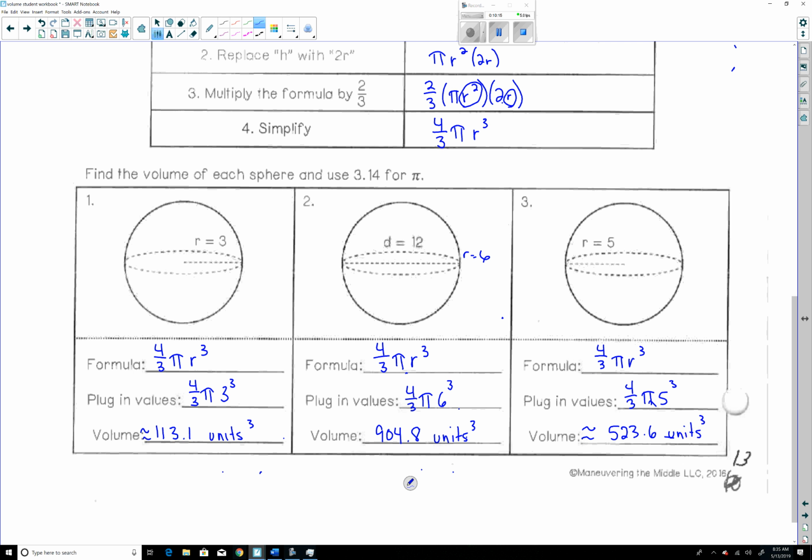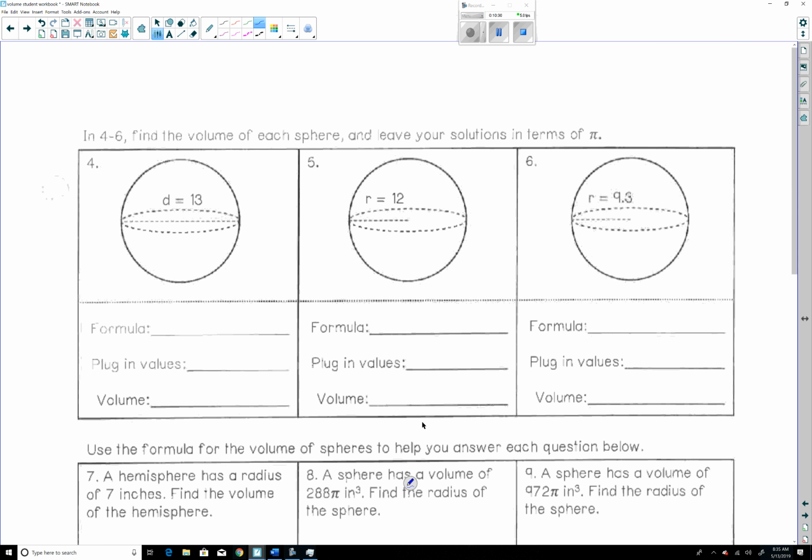Again, I get that if you're confused by how the formula was derived, that might be a confusion, but being that you get a note card on this assessment, just make sure you've got this formula for the volume of spheres on that note card if you're not understanding how it was derived.